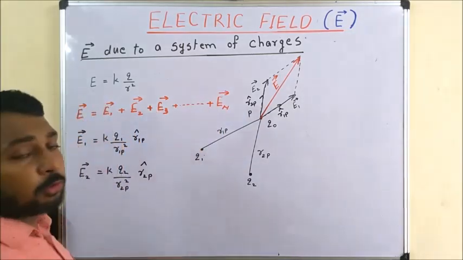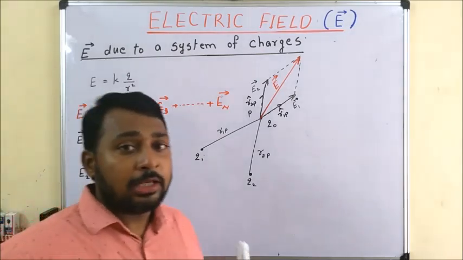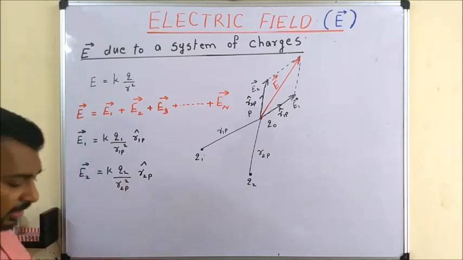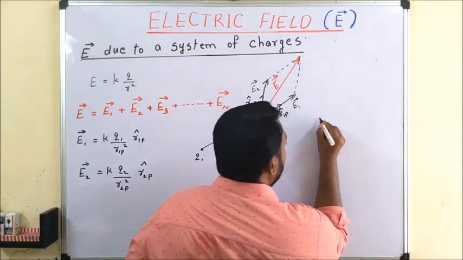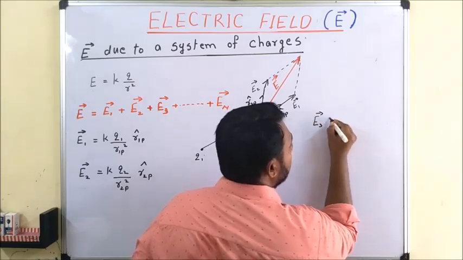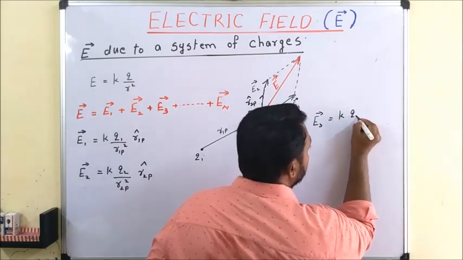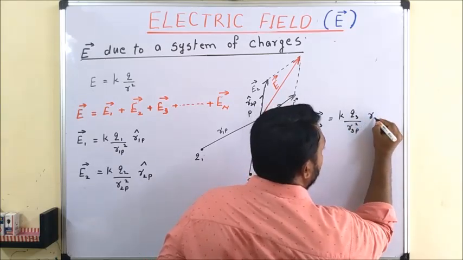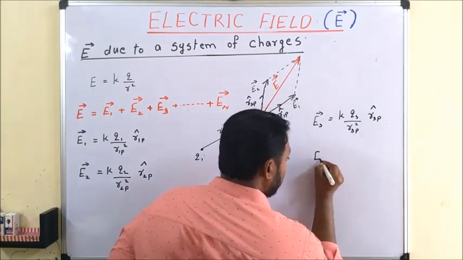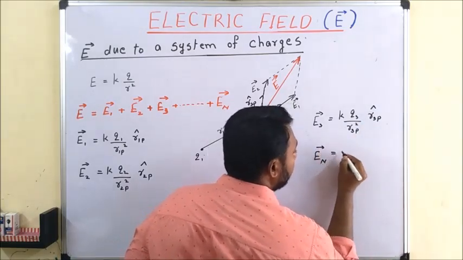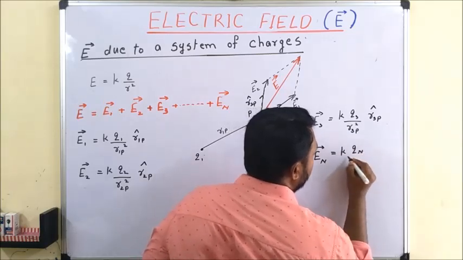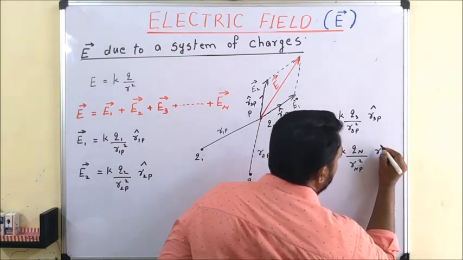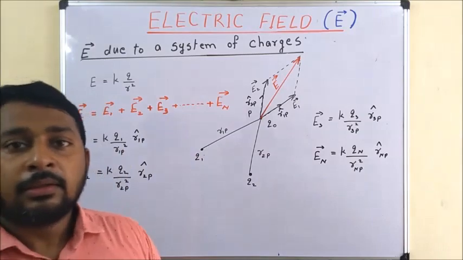We have to add all the values, and the net electric field will be given by this equation. E1 and E2 I have already written. What will be the value of E3? E3 is equal to K Q3 divided by R3P square, times the R3P unit vector. What about the nth charge En? It will be K Qn divided by RnP square, times the unit vector RnP. Correct?